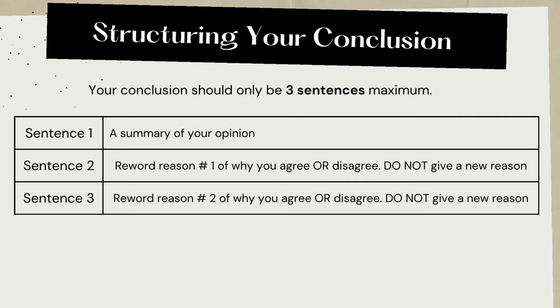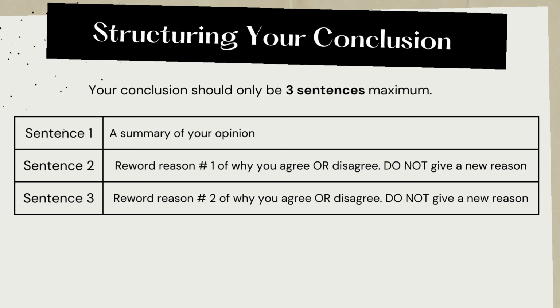So here is how your conclusion should look. A conclusion should be no more than 3 sentences, and the first sentence of your conclusion should be a summary of your overall opinion. In sentence 2, you should reword reason number 1 of why you agreed in your first body paragraph.